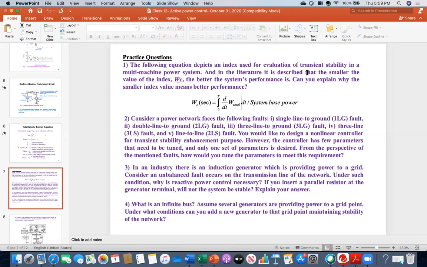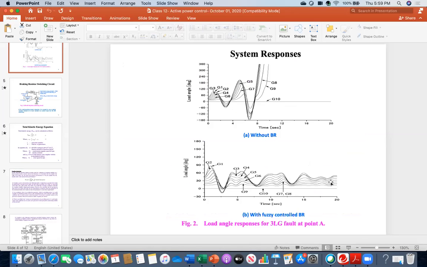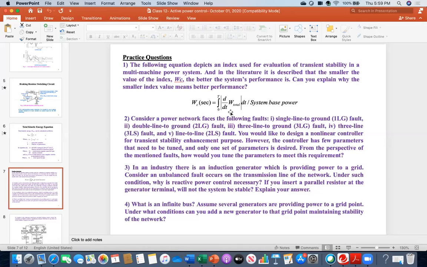For example, you used a braking resistor and it maintains the transient stability. Transient stability means your system response returns to the original value. So you will not get much difference. This value will be much smaller, and consequently, you will get a lower number. So a higher number means there is a difference between the transient value and the steady state value. There is much more change in the system.